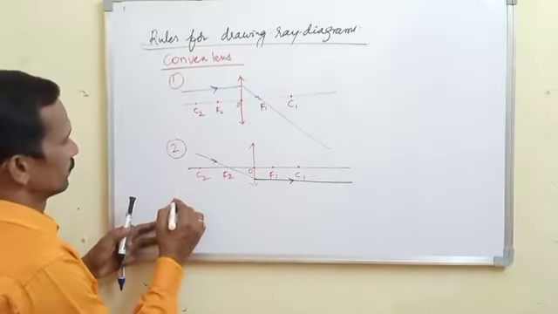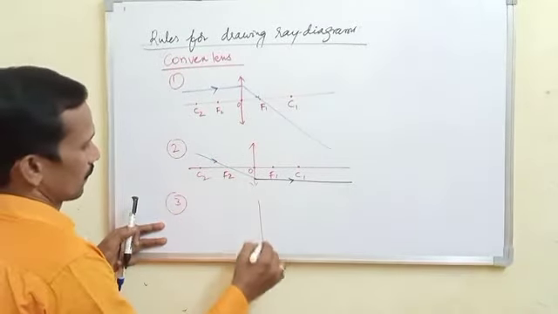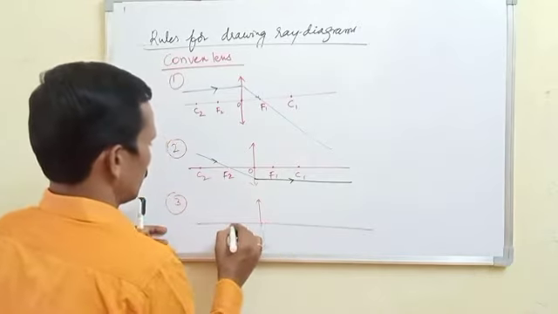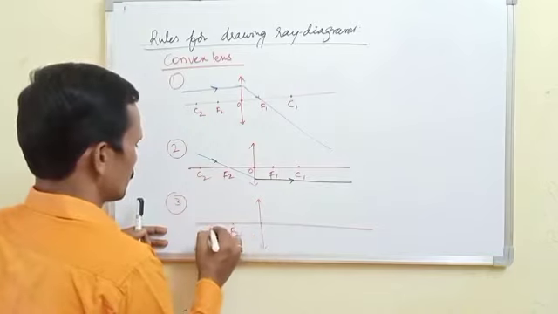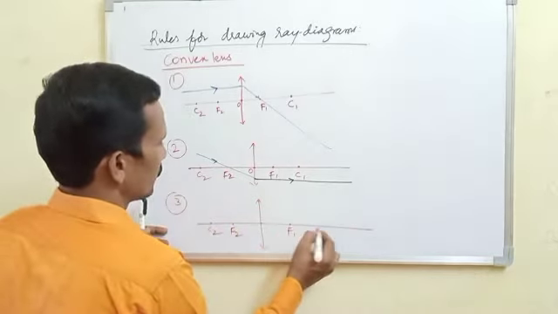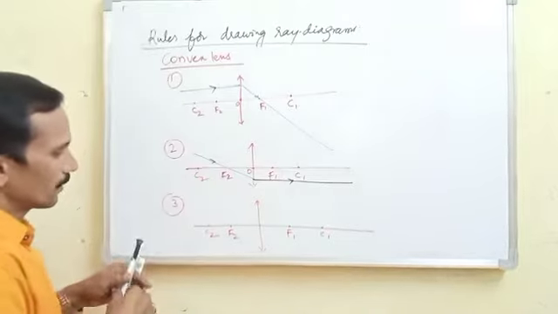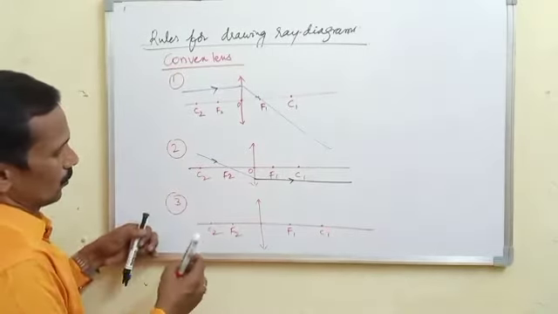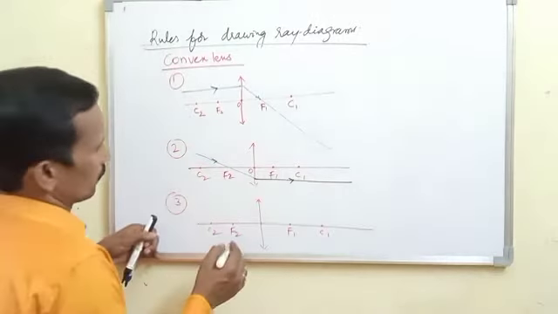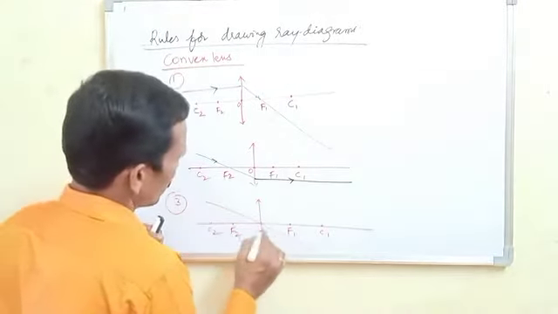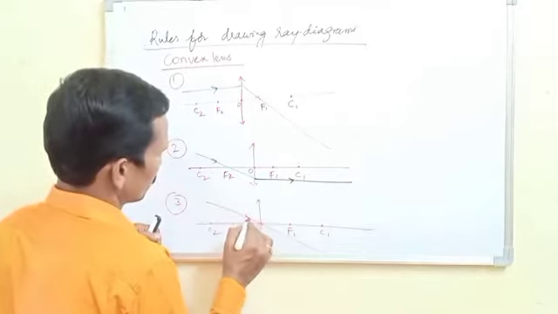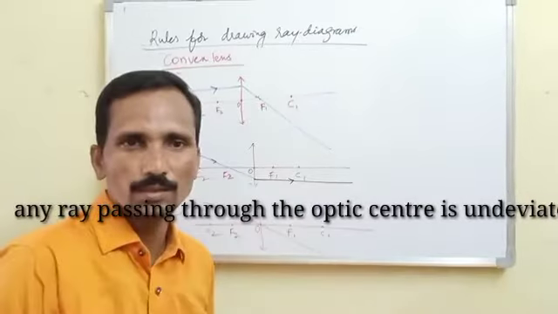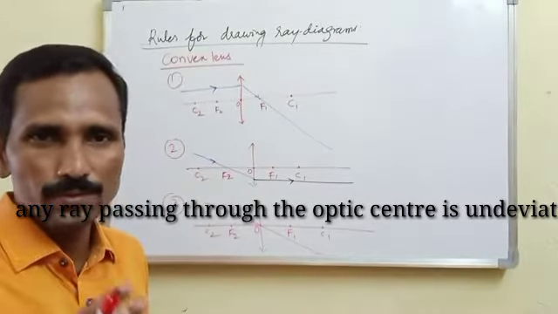Third rule is here: F2, C2, F1, C1. If a light ray passes through the optic center, it does not deviate; it goes on the same path.